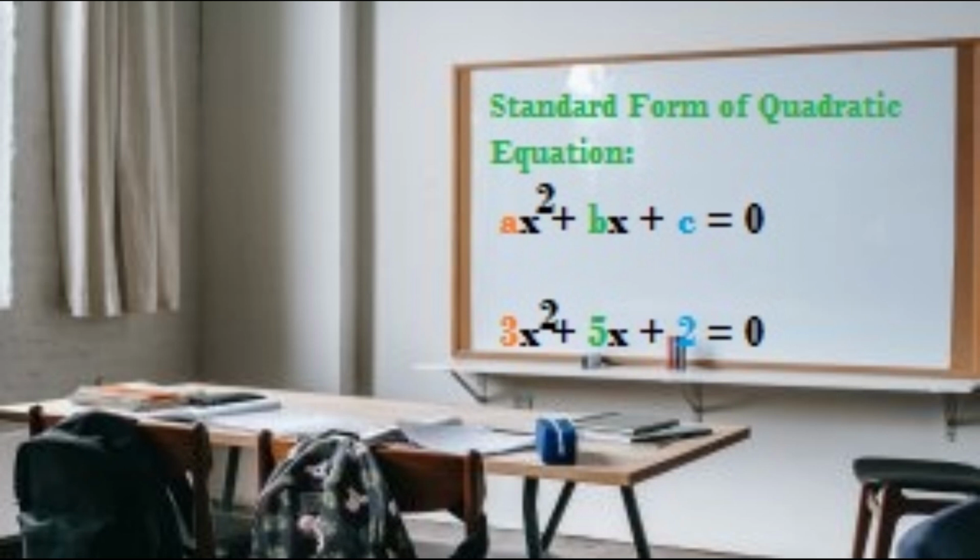So you have identified three things in the given equation: a is equal to 3, b is equal to 5, and c is equal to 2. In any quadratic equation you are given, by comparing that equation to the standard form of quadratic equation, you must identify these three things. Once you have identified them, then we can go ahead and solve the equation.